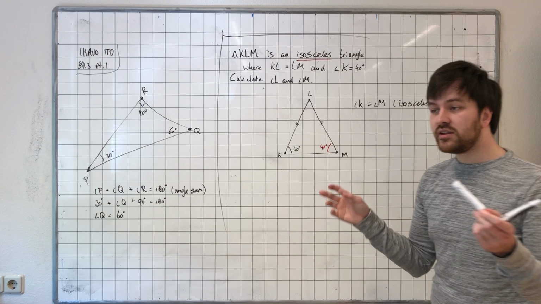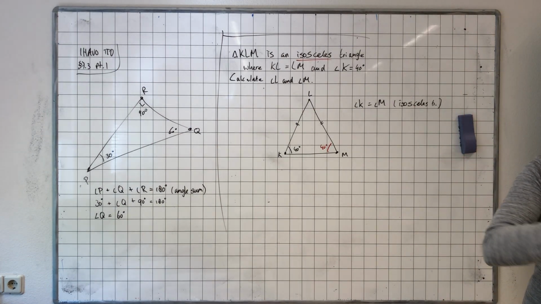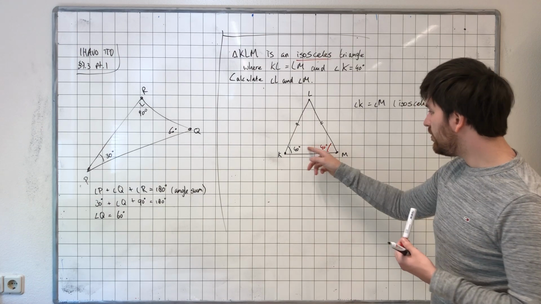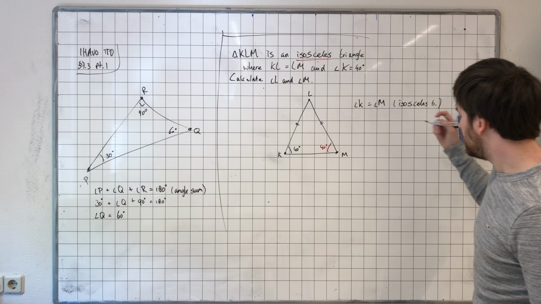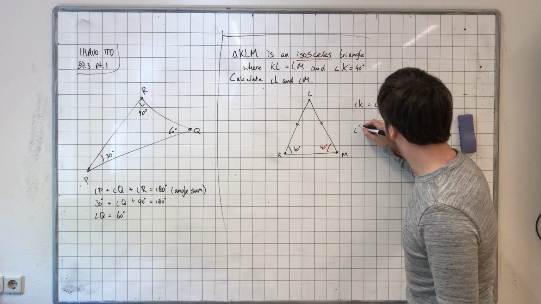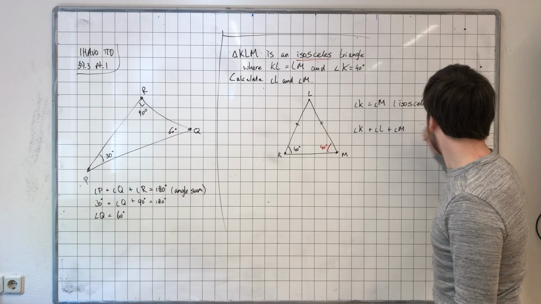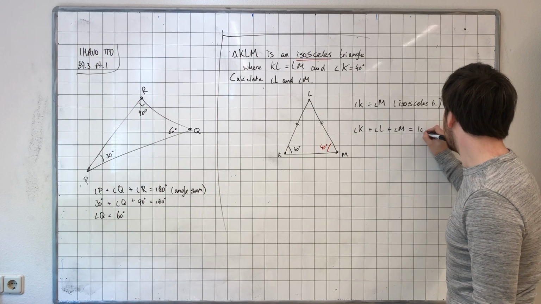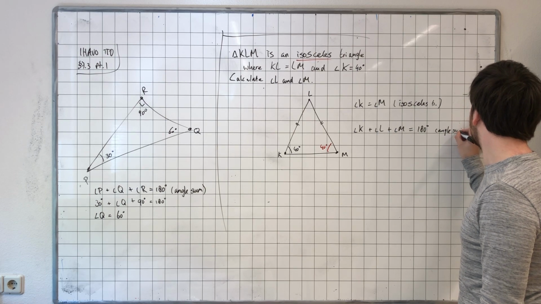And now, whenever you want to use the angle sum in a triangle, you need to know two angles and then you can calculate the third. So now we do know two angles and we can calculate the third one, angle L. So we know that angle K plus angle L plus angle M is 180 degrees because of the angle sum.